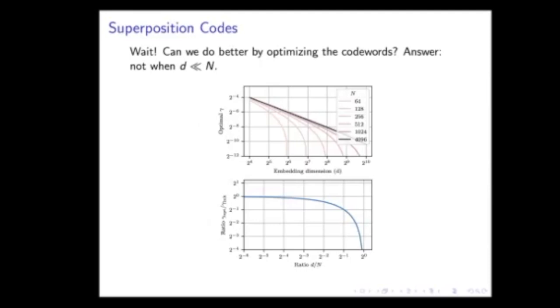Well, when my embedding dimension is greater than 64, of course this goes to 0. This is on a log-log plot, so it drops off asymptotically. For dimension less than 2 to the 6, less than 64, it's somewhere between this dotted line, which you can just barely make out, which is the scale at initialization, so it's going to be 1 over square root d or so, and 0.